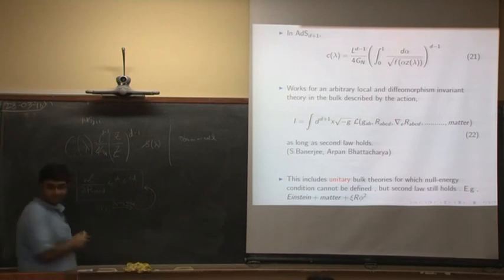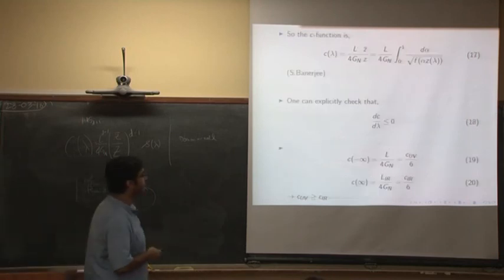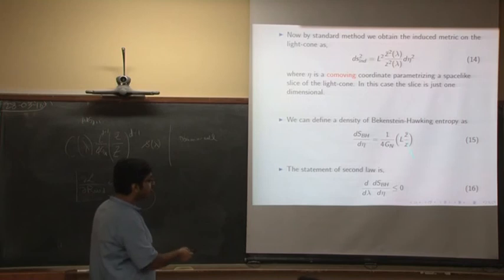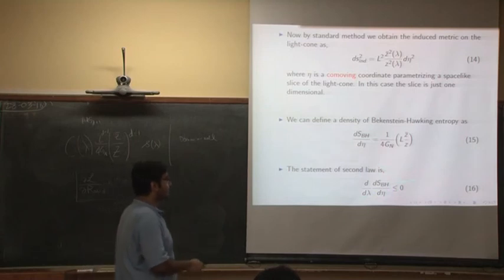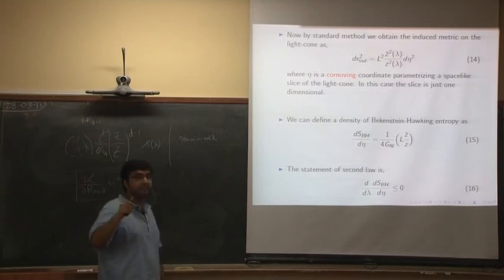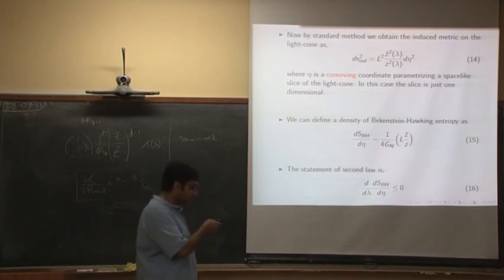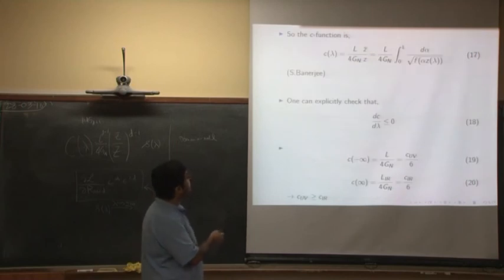Okay, so if I go back to this expression, if you look at this equation 16, can you see this thing? This equation 16 is d/d lambda of dS Bekenstein-Hawking divided by d eta is less than or equal to 0. So this is the statement of the second law, that this quantity is decreasing. Now I write down this thing.